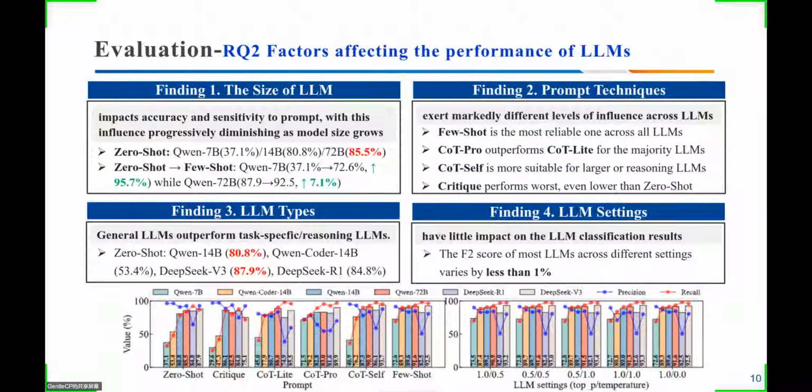Third, general purpose LLMs outperform task-specific or reasoning-oriented models in overall performance. Fourth, the LLM settings have little impact on the classification results. These findings suggest optimal performance requires a balance of model size, prompting technique, and model type.